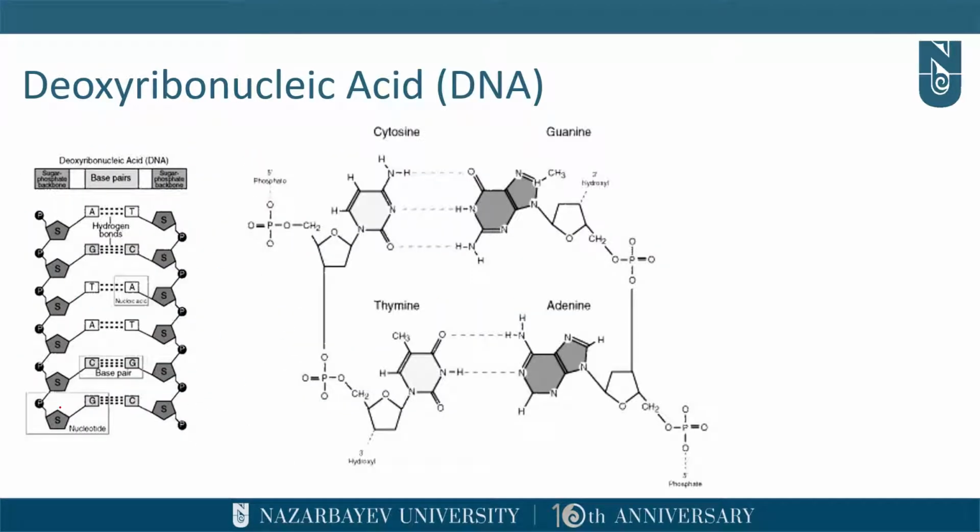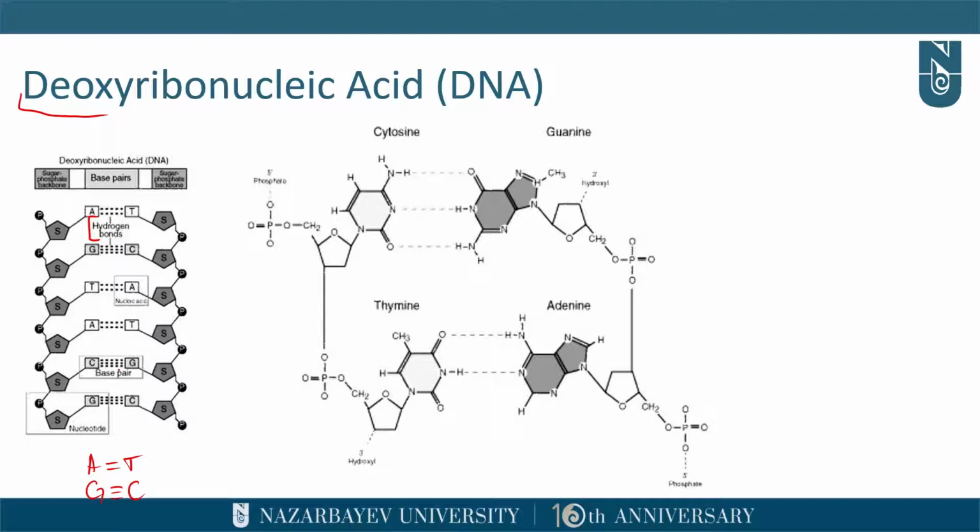Okay, so first of all, let's talk about the composition of nucleic acids, and in this case the deoxyribonucleic acids. So as you all know, we have base pairs, and the pairing happens according to the hydrogen bonds formed between the nucleotides. The pairing happens in the way A to T, with 2 hydrogen bonds, and G to C with 3 hydrogen bonds.